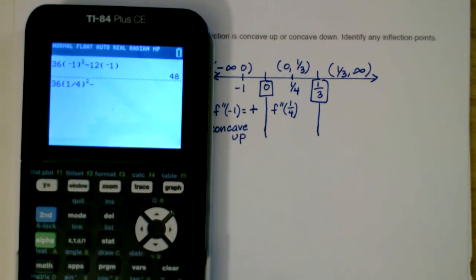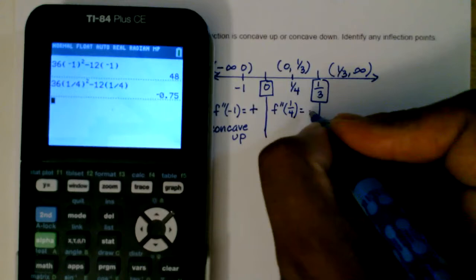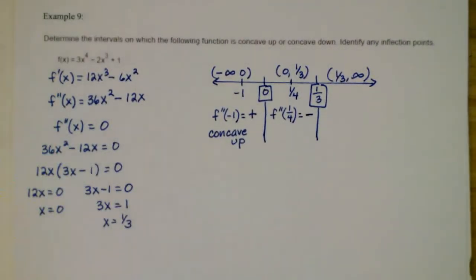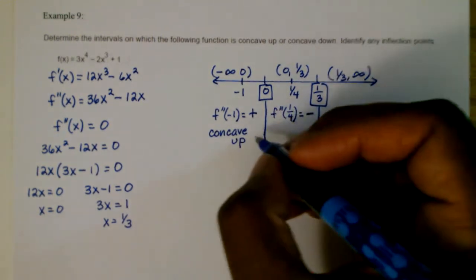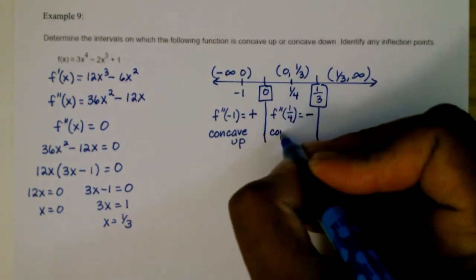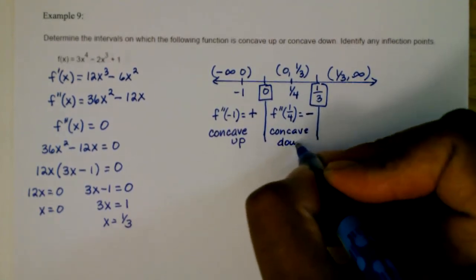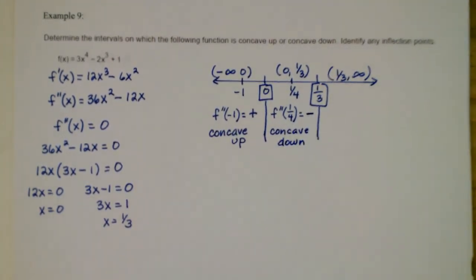And then minus 12 times, in parentheses, 1 divided by 4. You'll get negative 0.75. Well, it doesn't matter; it's going to be negative. That means between 0 and 1/3, I'm going to get negative values for f double prime of x. So the graph of the function will be concave down.